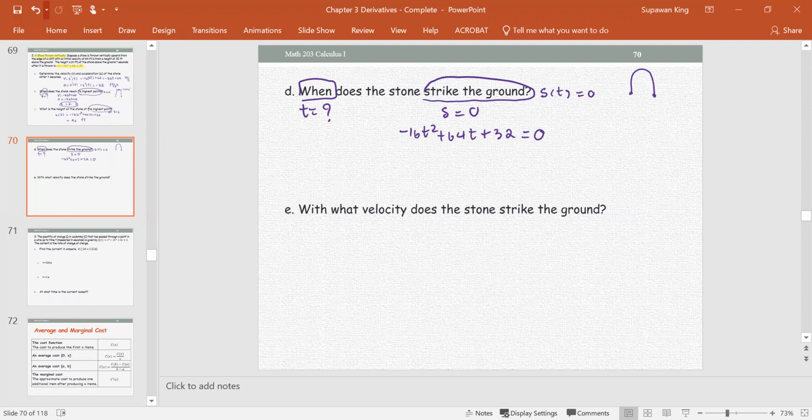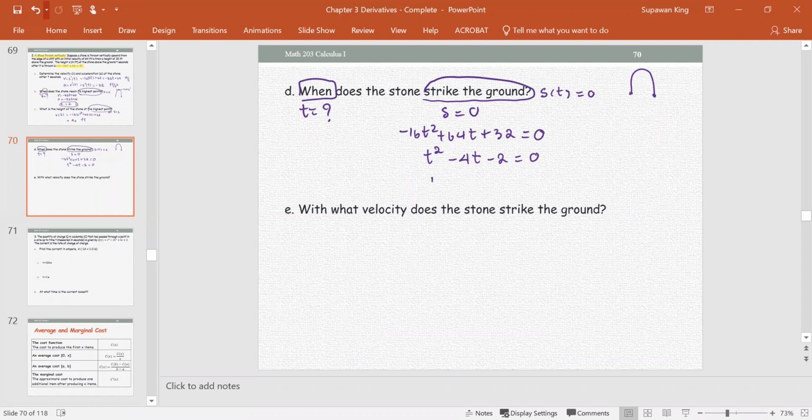First of all, divide everything by negative 16 to get the equation in the form t squared minus 4t minus 2 equals 0, and use the quadratic formula, or you can complete the square if you like.